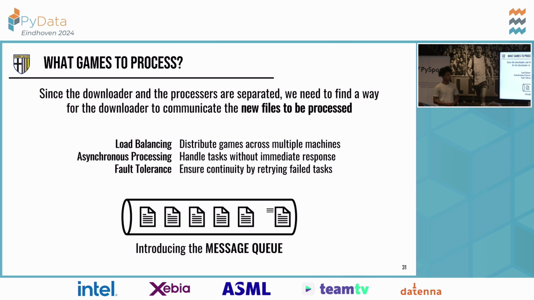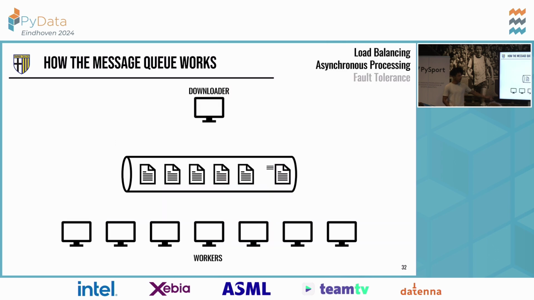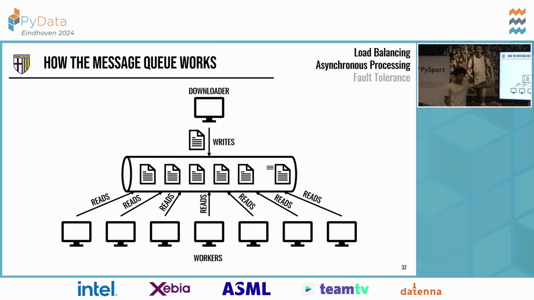So a message queue is simply a system in which you write files. One file for us is a game that we need to process, and we'll have workers fetching from this queue. So the downloader writes the files that need to be processed, and the workers just fetch from the message queue.